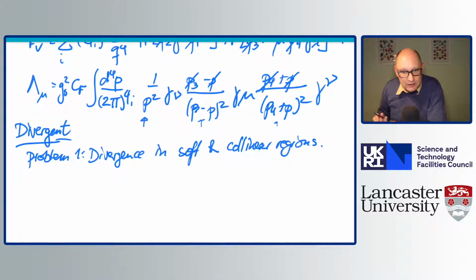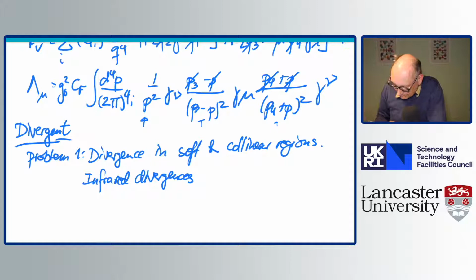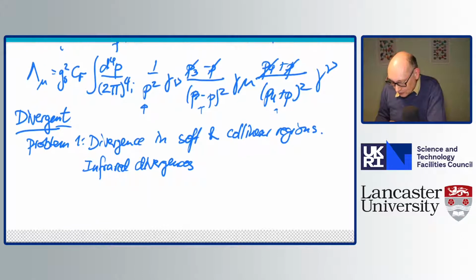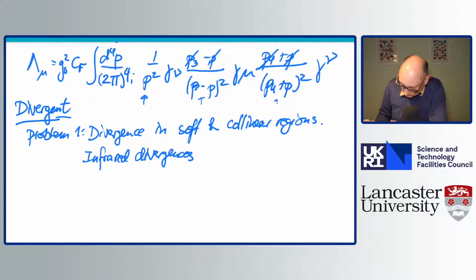Now, this is called infrared divergences. Infrared because they are soft, long wavelength problems. So soft and collinear regions give problems. We'll discuss that later. Ignore that infinity for now.